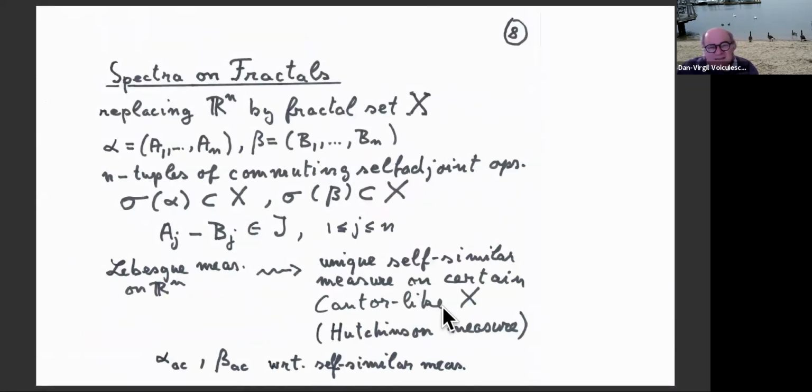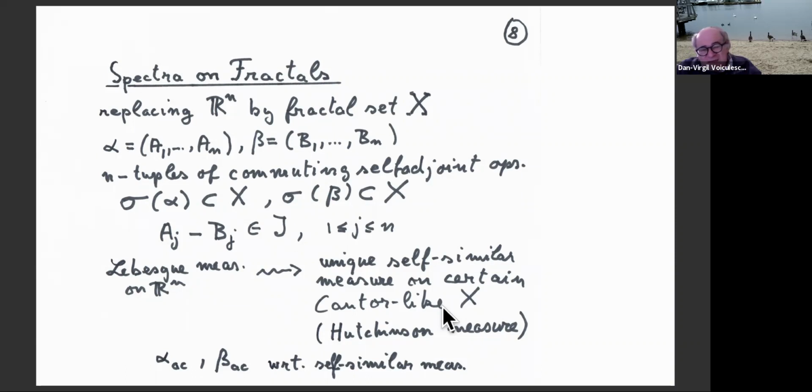So first, the fractal case. What does it mean to take this theory to the fractal case? It means to replace Rn by a fractal set. So instead of Rn, I'm going to consider a fractal set X, and my results are for fractal sets of the simplest kind, because these are early results, it's the beginning only.